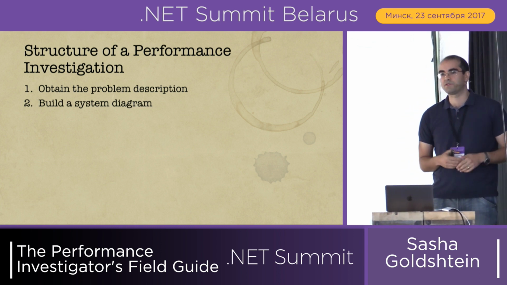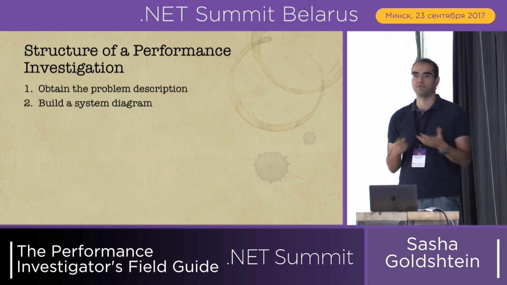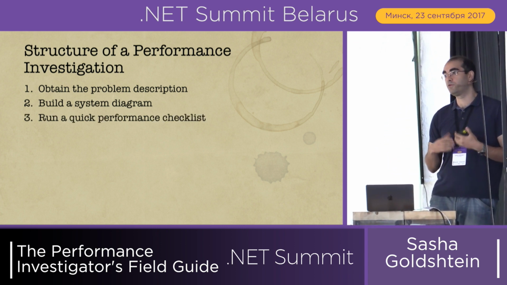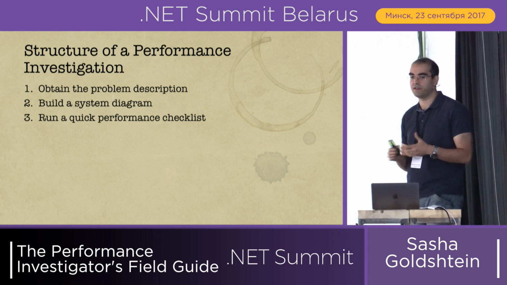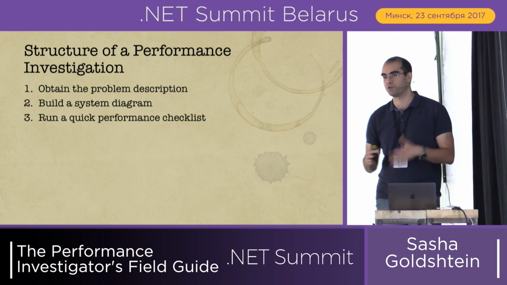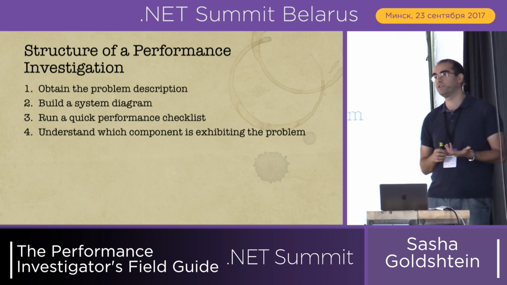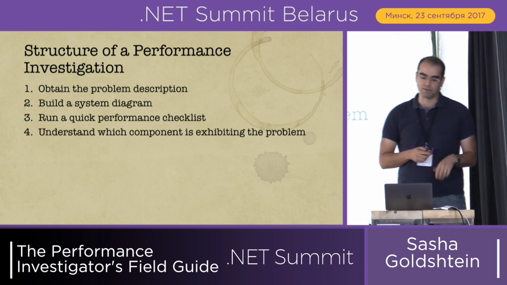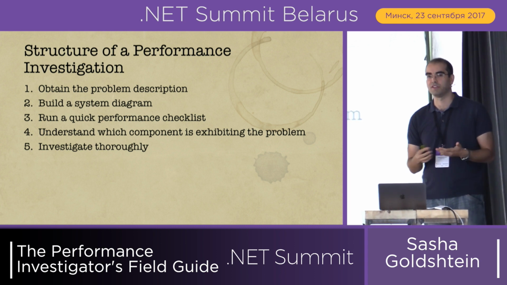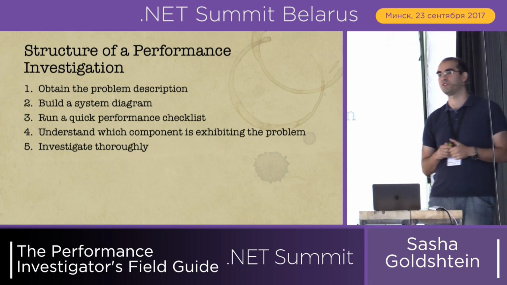Then I try to build a system diagram: which components are there, their interactions, who's talking to whom. I want to run a quick performance checklist to get a general idea of what's happening on that system, which components are loaded, which are overloaded, which resources are used in different ways. I want to understand which component is likely showing the problem. And then, that's the interesting part, you want to investigate thoroughly and try to figure out really what's wrong with that part of the system that's not working.